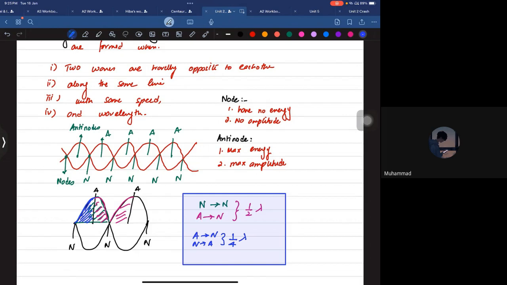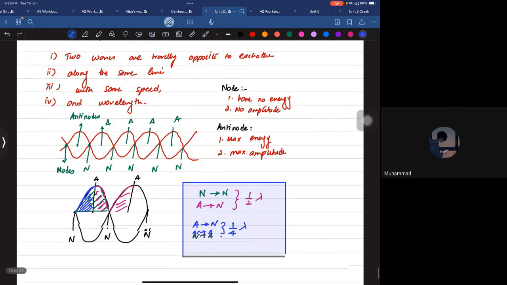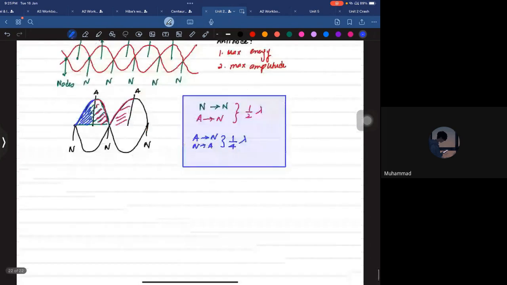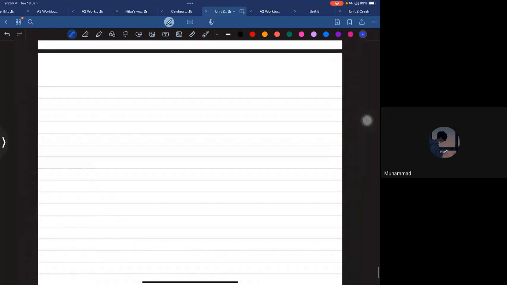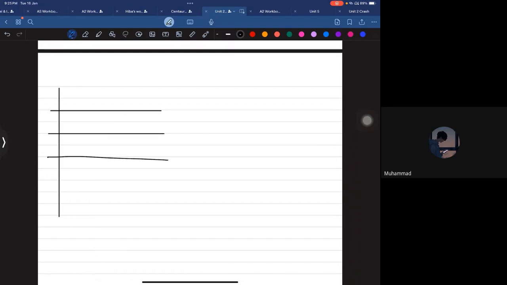Now, without understanding the difference between a normal progressive wave and a stationary wave, we won't be able to do much. So visually we will see what the difference is. I'm going to draw, and you should draw 5 lines like this. 1, 2, 3, 4, and 5.